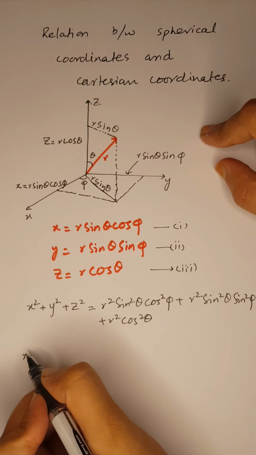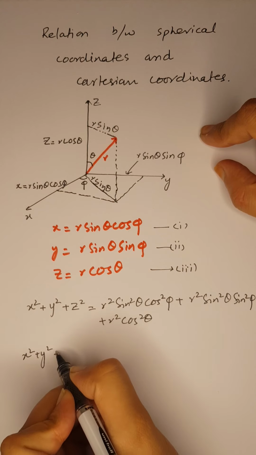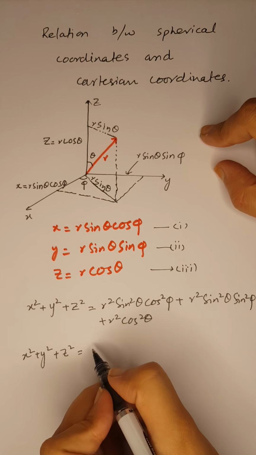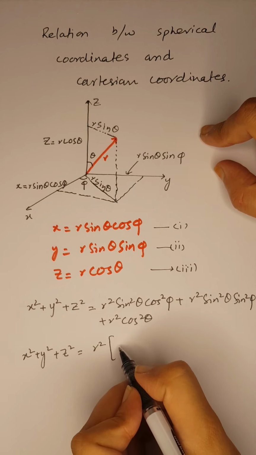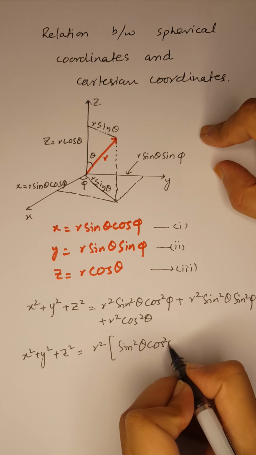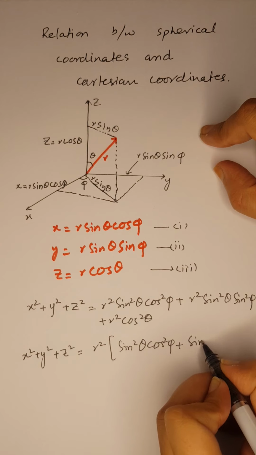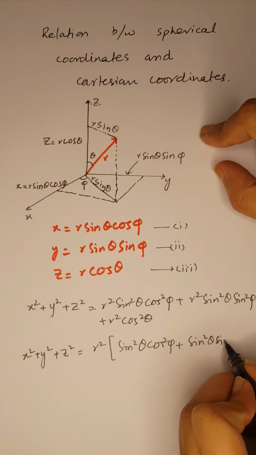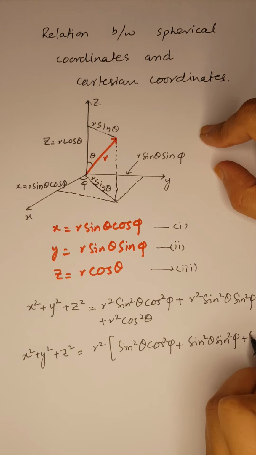Let's simplify this expression by taking r square common. You will be left with sine square theta cos square phi plus sine square theta sine square phi plus cos square theta. Fine.